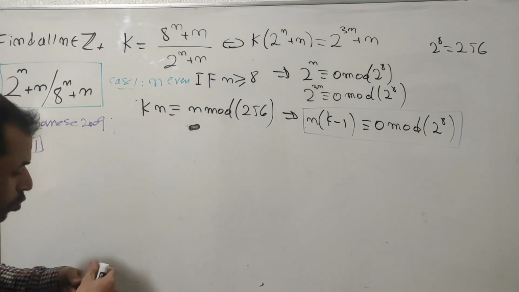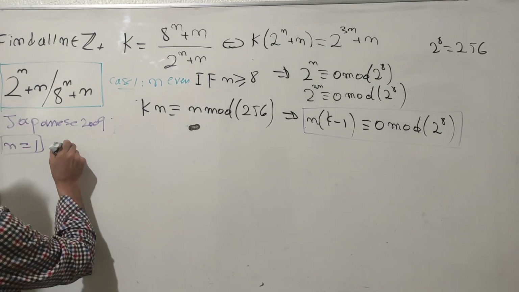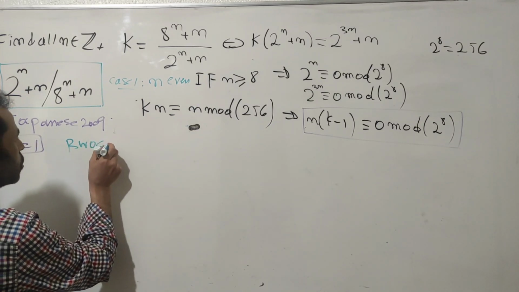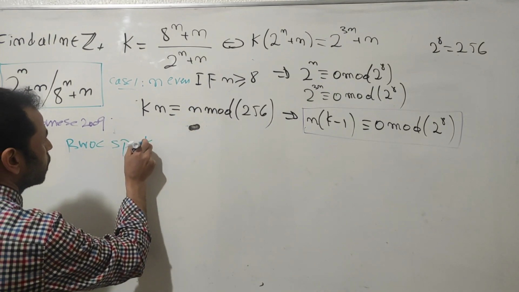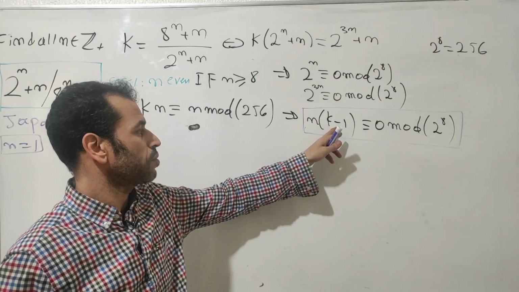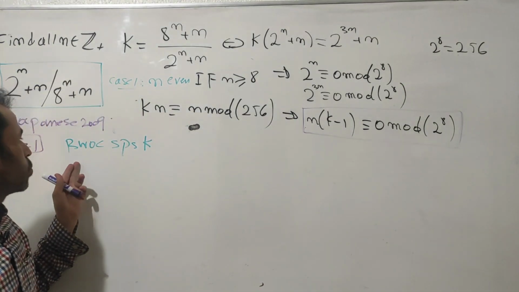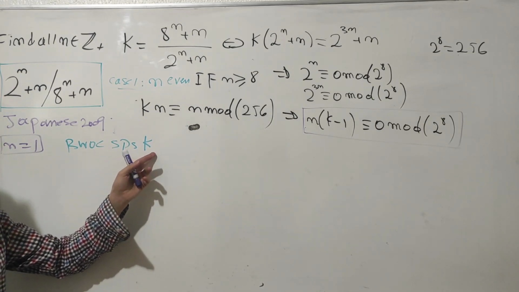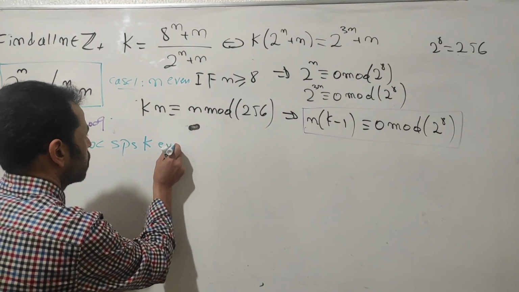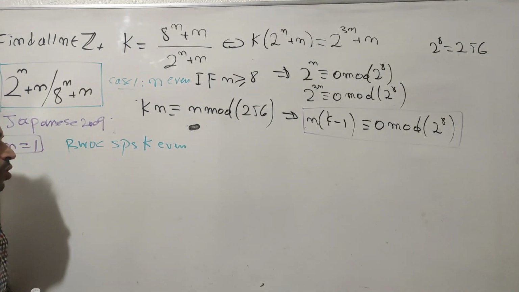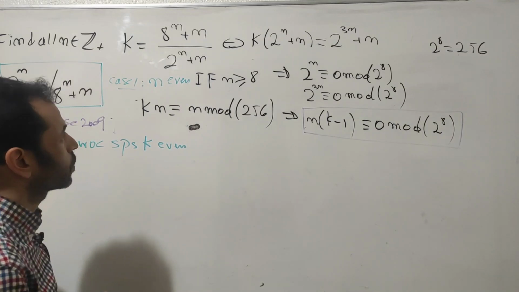I'm going to do that by way of contradiction. Suppose k minus 1 is not even, which means k is even. I'm going to assume k is even, and at the end we will find k must be odd, not even. So what to do here?